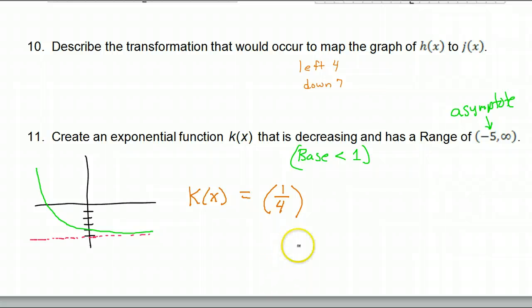Now you make your own. Don't copy off of me, people. If I see everyone have exactly what I have, if I see 1/4 to the x power, and then I'm going to have -5, that would give me the asymptote at -5. So bam, this would do it. But it wouldn't have to be 1/4.